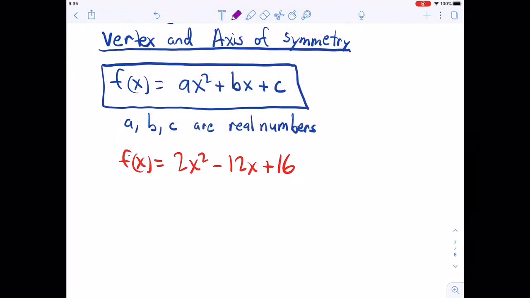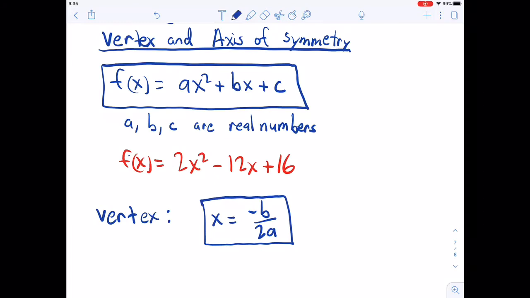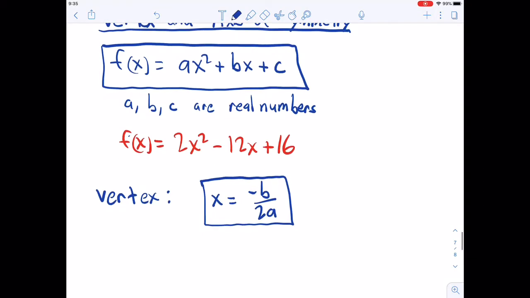Your vertex is given by, we're going to use this right here, x equals negative b over 2a. That's why we have the a, b, c's there. So the x value of your vertex is going to be negative b over 2a.